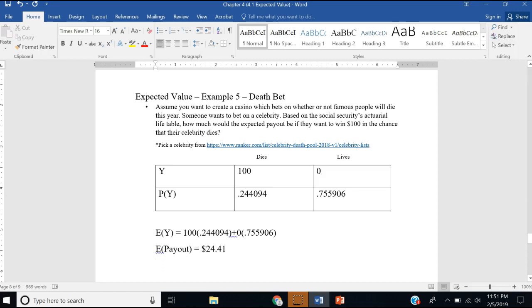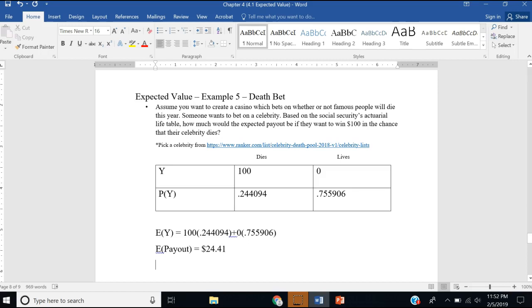So as the casino, you would just make sure that you charged more than $24.41. Maybe you charge $40 or $50 to make that bet, depending on how much you wanted to make. Or maybe if it's a competitive market like life insurance is, maybe you charge 10% more, like we did.